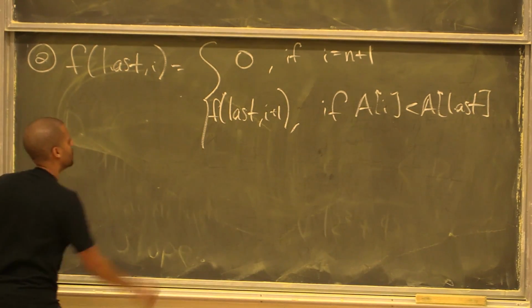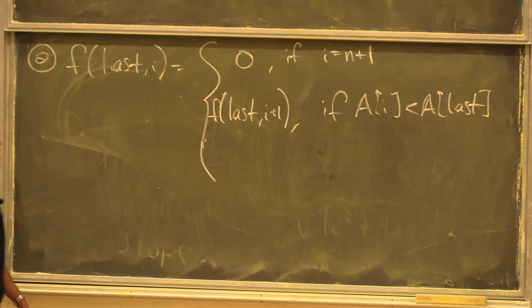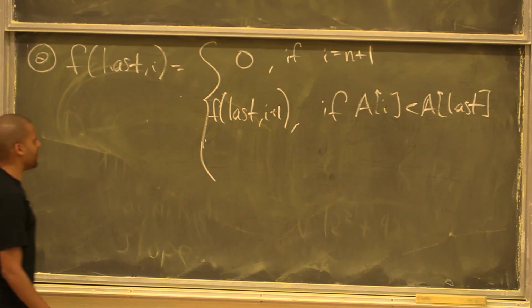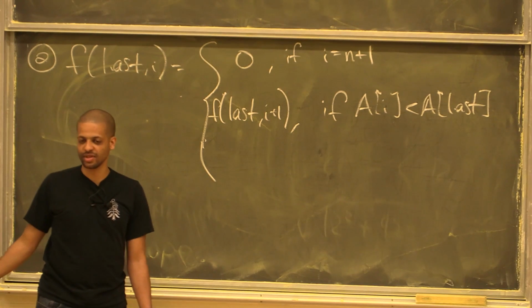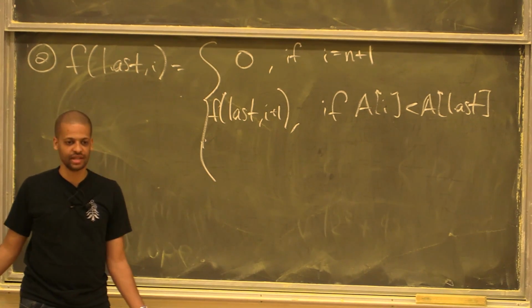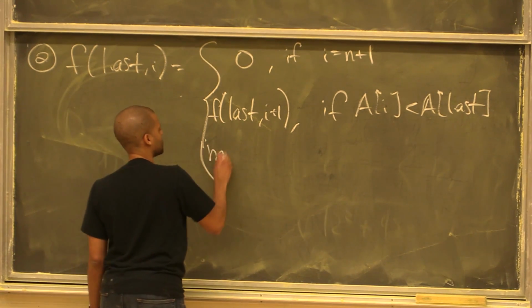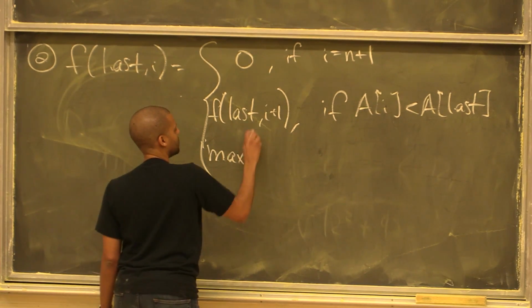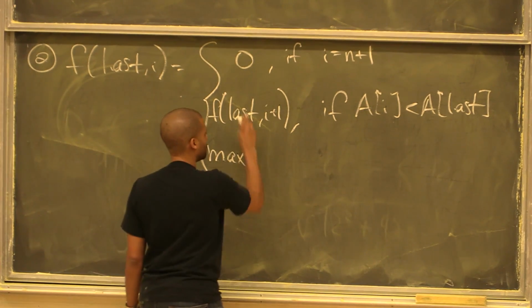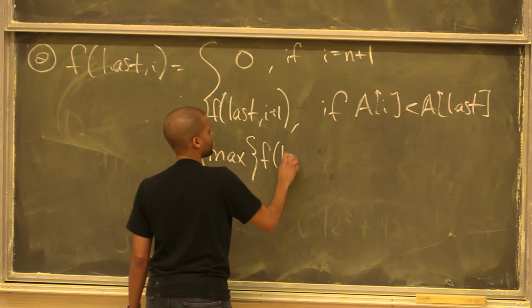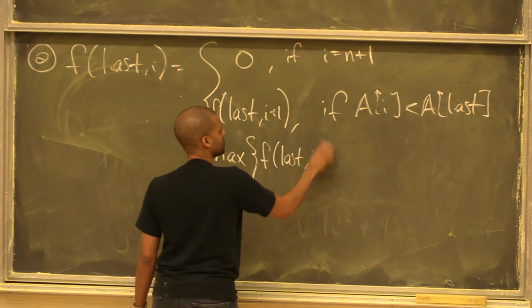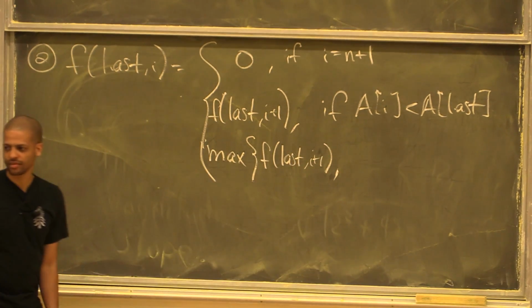Okay. Otherwise, I am allowed to consider taking it. I'm allowed to try both possibilities. And then I'm trying to find the longest increasing subsequence, so I'll return the max of the two possibilities. So the max of two options. One option is that I don't take it, which is just this, f(last, i+1). Right.